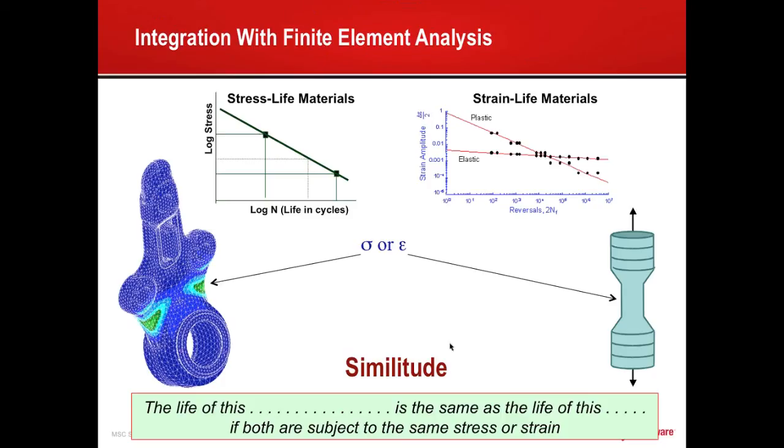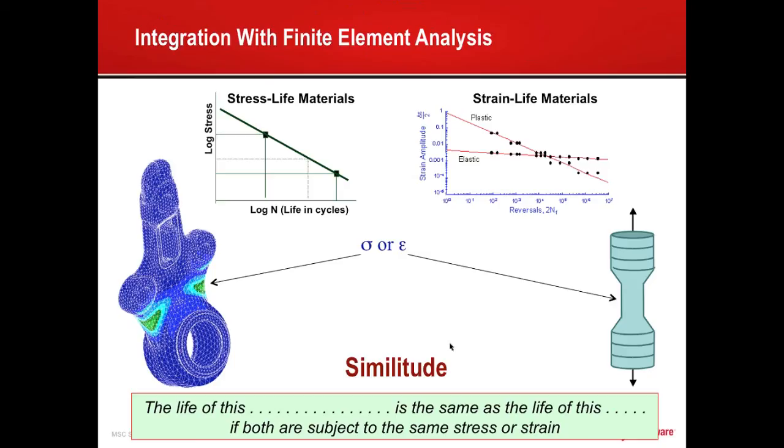Typically, we would use 20 or 30 coupons to generate material properties. The tests used to load those coupons would have been designed in a very specific way to create very specific types of stresses, typically zero mean, constant amplitude, uniaxial stresses if we can. And so we have material properties that are for very specific kinds of stress conditions.